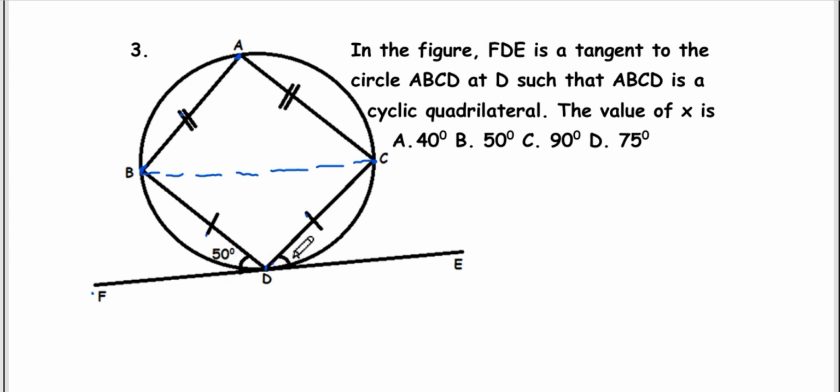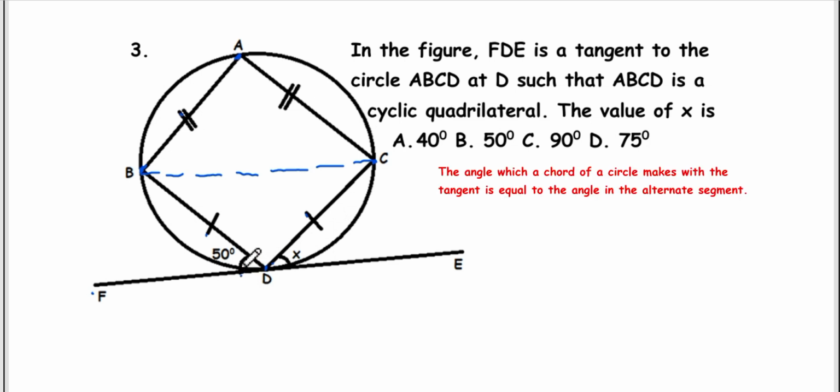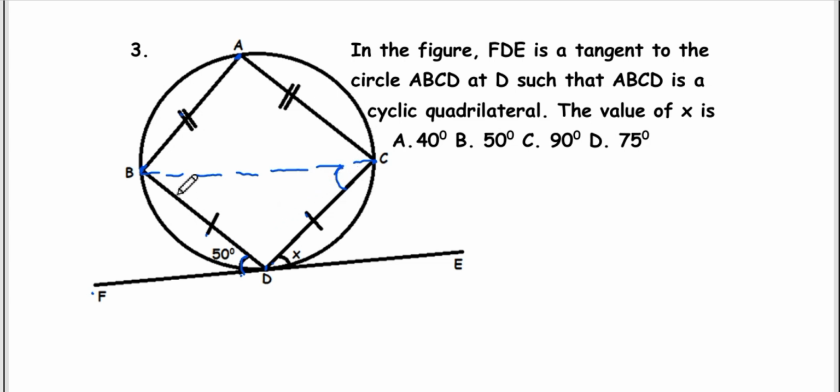Since this is a tangent, and remember from our last theorem, the alternate segment theorem, this angle is equal to this angle. The angle which a chord BD makes with a tangent, that is 50 degrees, is equal to the angle in the alternate segment. The angle in the alternate segment is the angle facing this chord. So the angle facing BD is this angle here. If this is 50, that means this is 50.